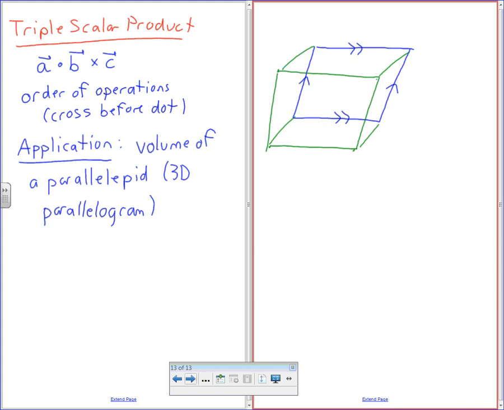The volume technically would be A dot B cross C. I'm going to put brackets in there just to help you here. So this would be vector A, that's vector B, and that's vector C.